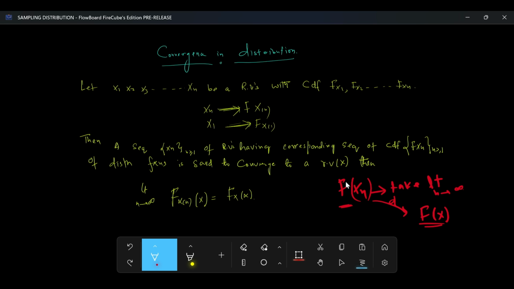Now see, this is when F of Xn is equal to F of X in the limit n tending to infinity.